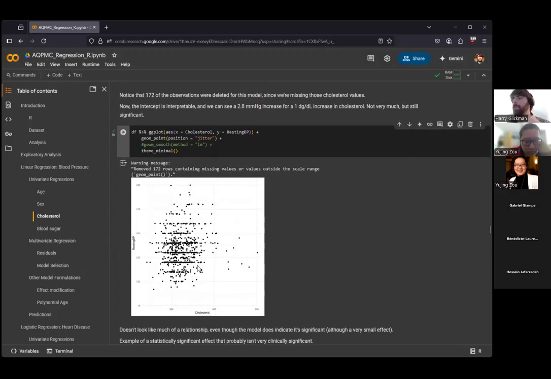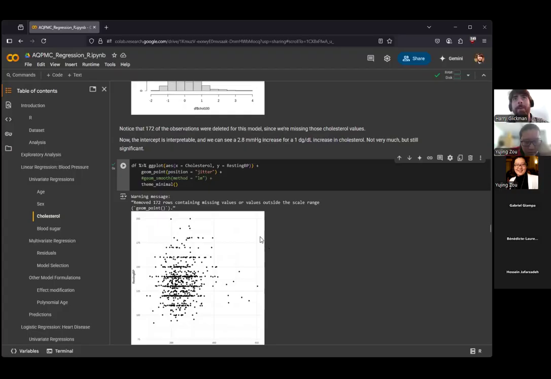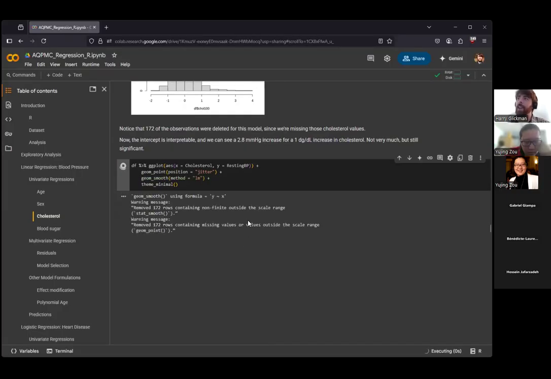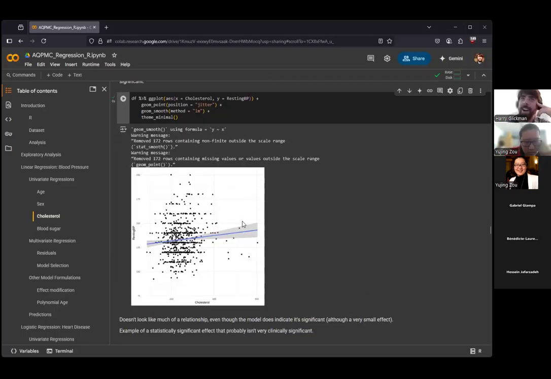And then if we plot this relationship, if you just showed me this plot and said, is there a relationship? I'd probably say no, right? So beware of just looking at the p-values and trying to conclude anything. So R is fitting this line and telling you that this line is a significant increase statistically.